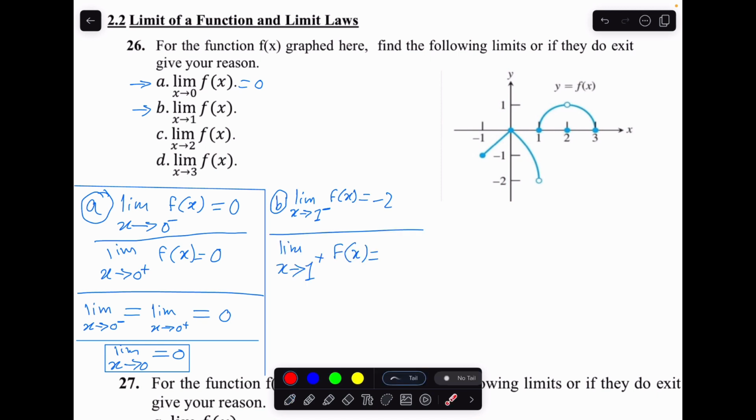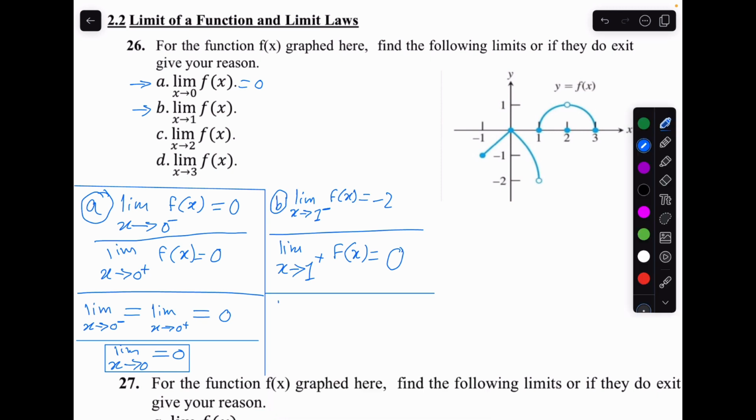Limit when x approaches 1 from the right: y will equal 0 at this point. So f of x will be 0.